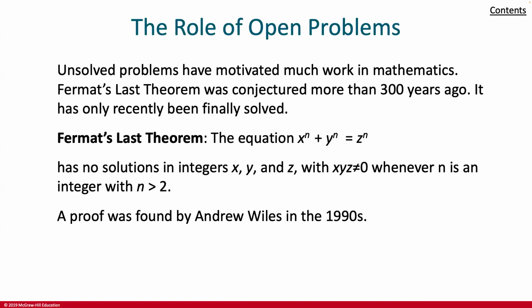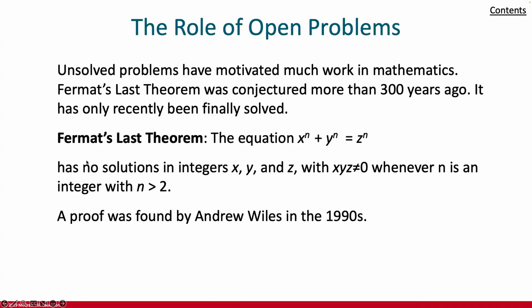So what about the role of open problems? Unsolved problems have motivated much work in mathematics. Fermat's last theorem was conjectured more than 300 years ago. It has only recently been finally solved.